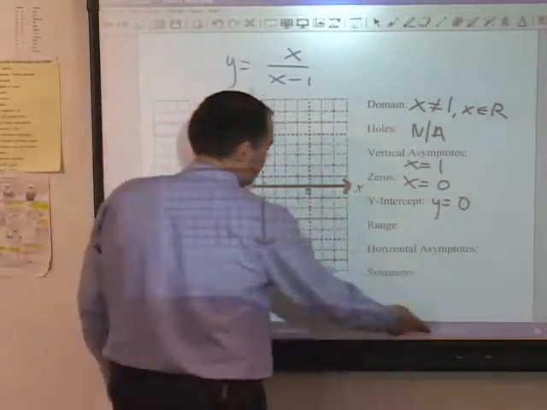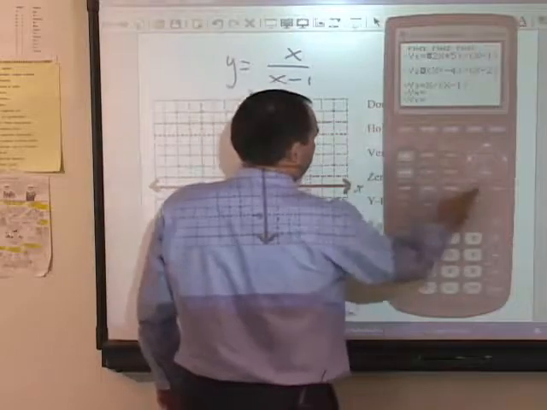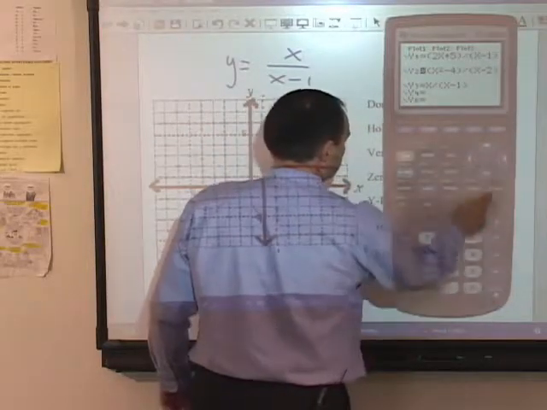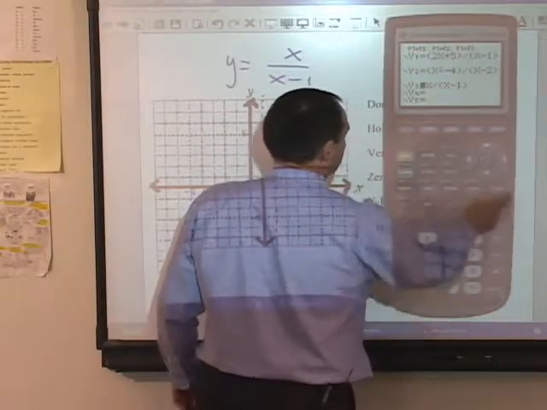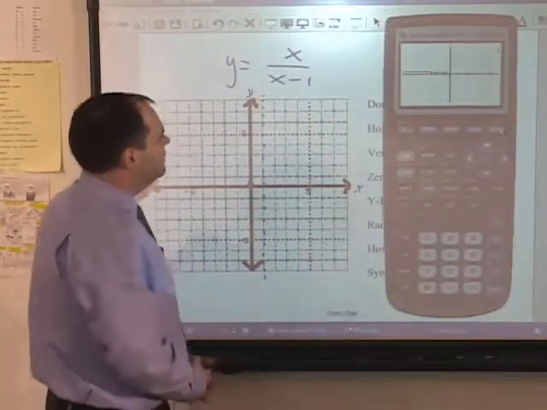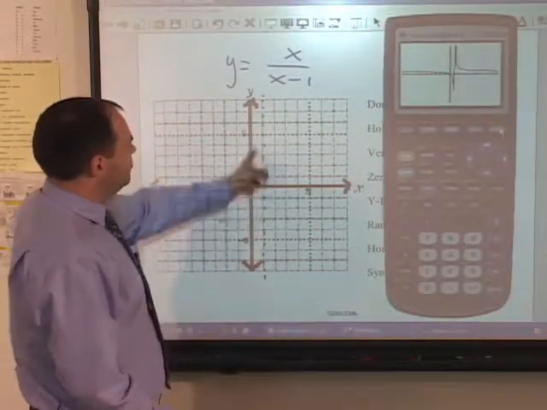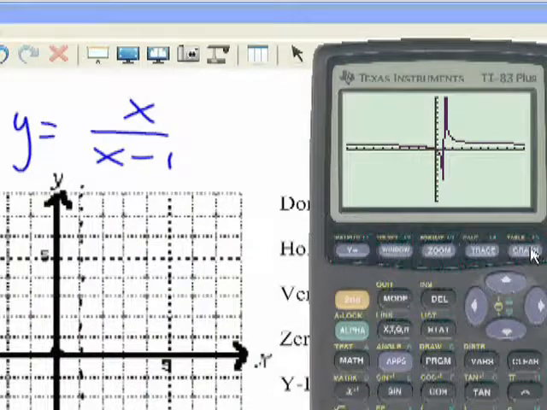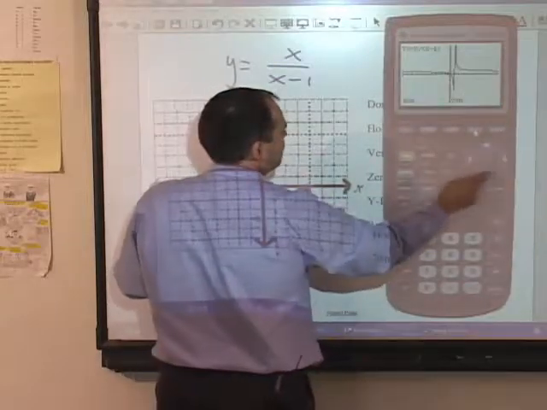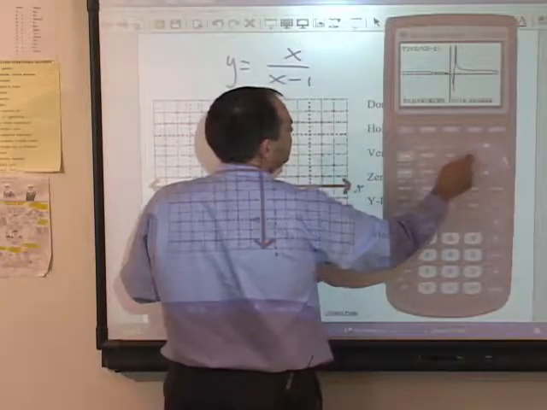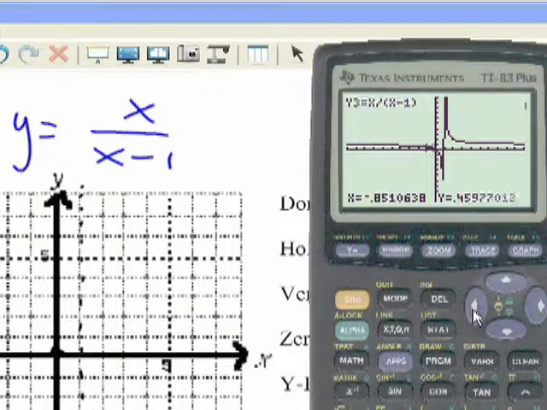So off we go to the graphing calculator, and we're going to bring up this function. Here it comes. Okay, we have our asymptote as expected. We have it crossing at x equals 0 as expected. We seem to have an asymptote occurring here. Let's trace the graph to see. Let me trace towards the left this time.